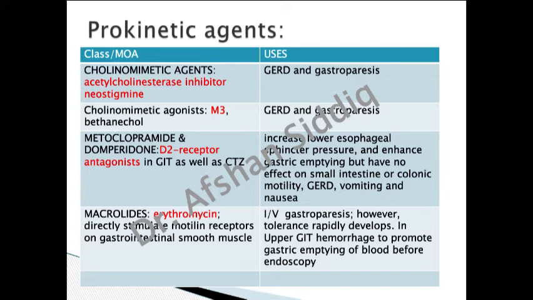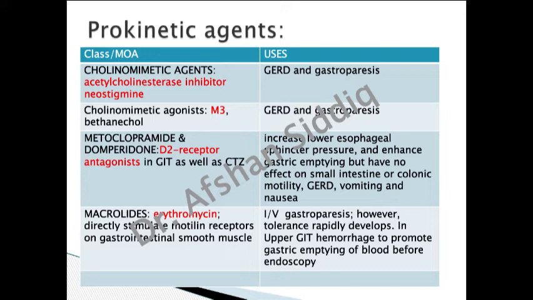The most common agent included in cholinomimetic agents is the acetylcholinesterase inhibitor, which inhibits the enzyme responsible for the degradation of acetylcholine neurotransmitter. The agent in this class is neostigmine, and the most common use of cholinomimetic agents is in GERD and gastroparesis.